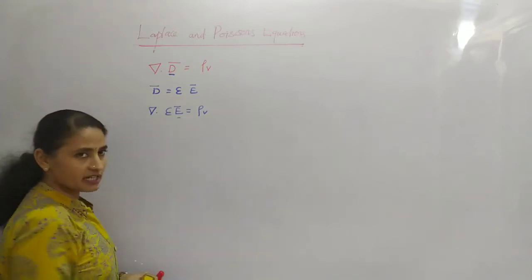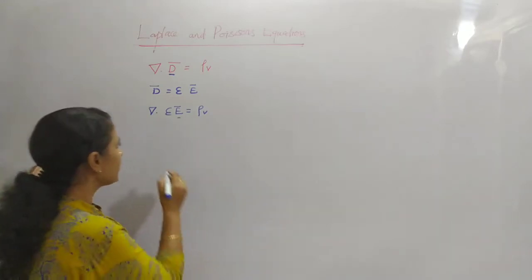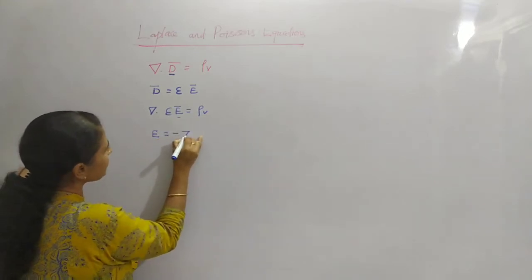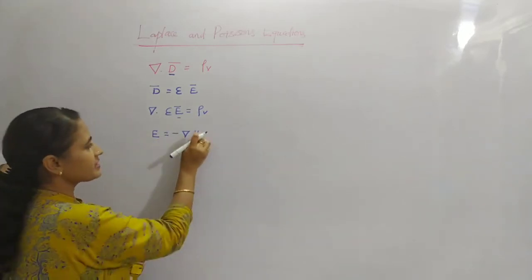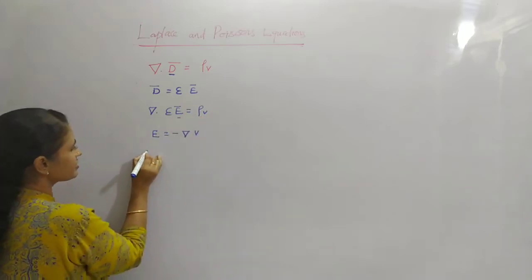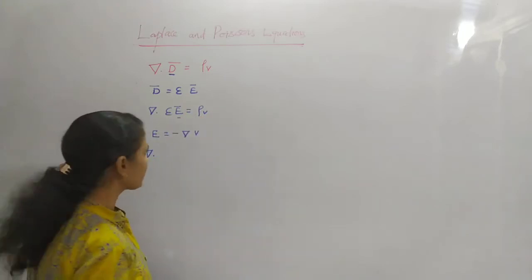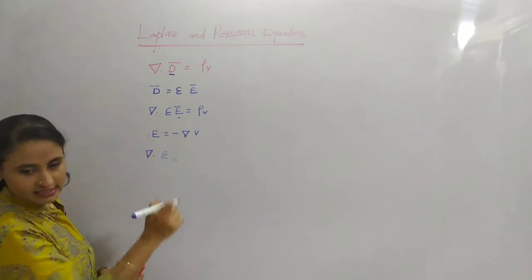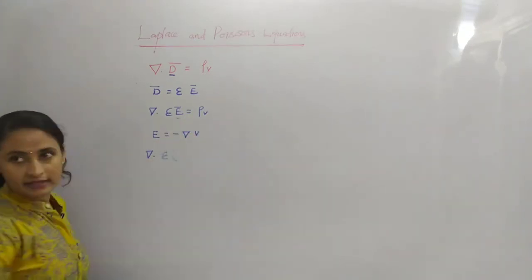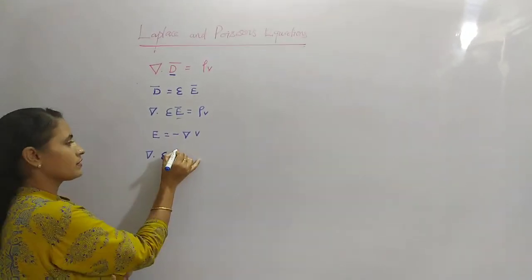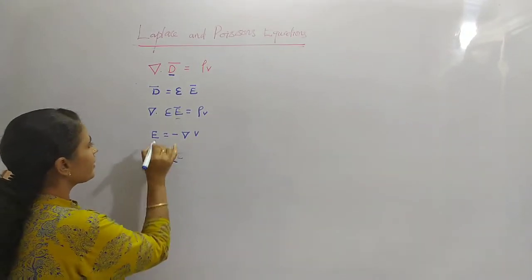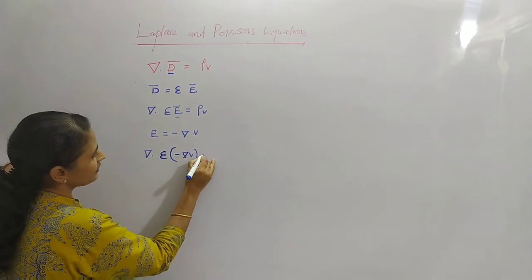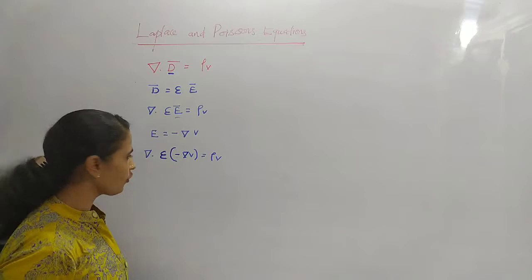And we have a relation between E and V, given by E equals minus gradient of V. Let us write this in the above equation, so epsilon into E bar becomes epsilon times minus gradient of V, which is given by rho v.